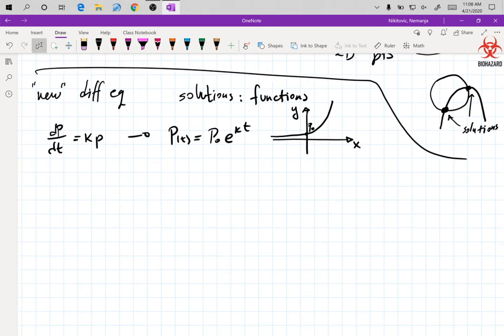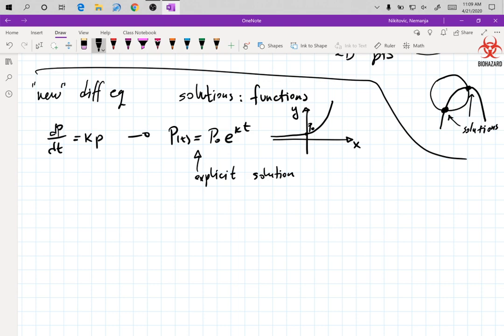Now, some solutions are explicit, some solutions are implicit, ones where you can't separate. So this was an explicit solution, and you can also have an implicit solution.